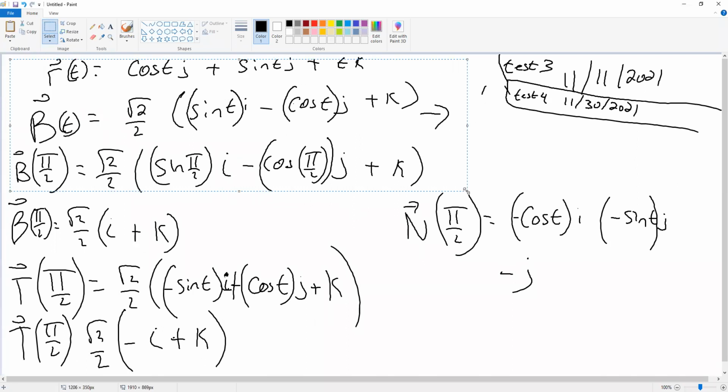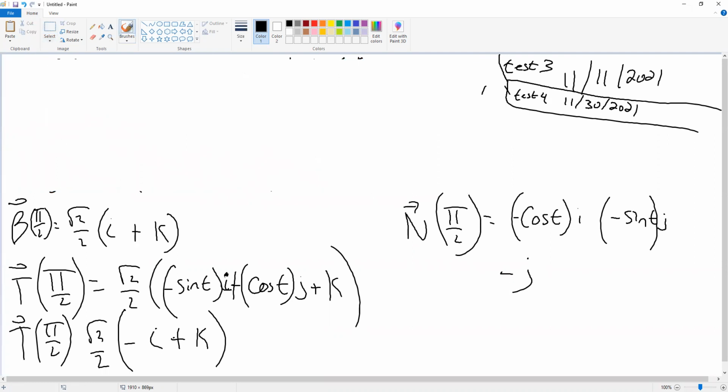So this. Let's try to keep them in order, so we know we're going to have √2/2 I plus K. And then we'll have √2/2 I plus K. That's third.